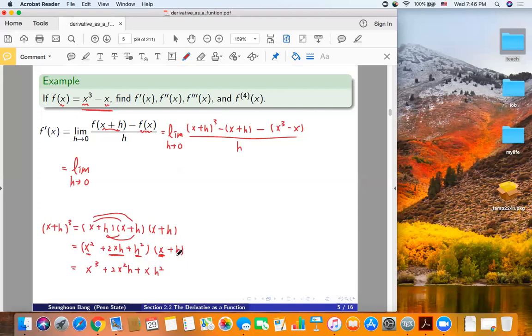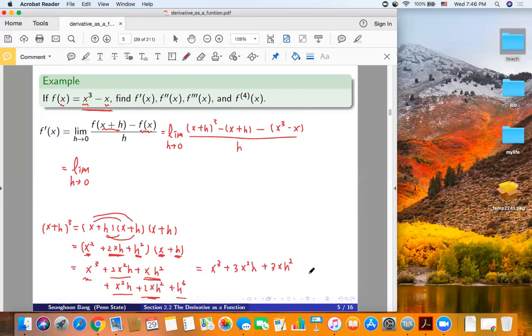The next one is h. h times x squared is x squared h. h times 2xh is plus 2xh squared, plus h squared times h is h cubed. And here, x cubed plus 2x squared h plus x squared h is 3x squared h. xh squared plus 2xh squared is plus 3xh squared.